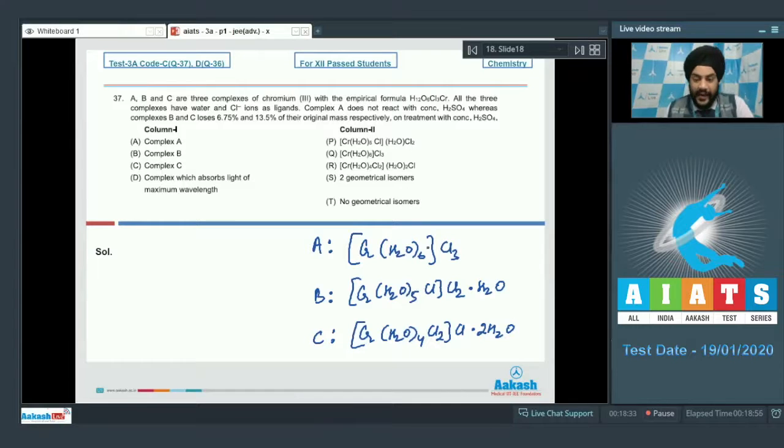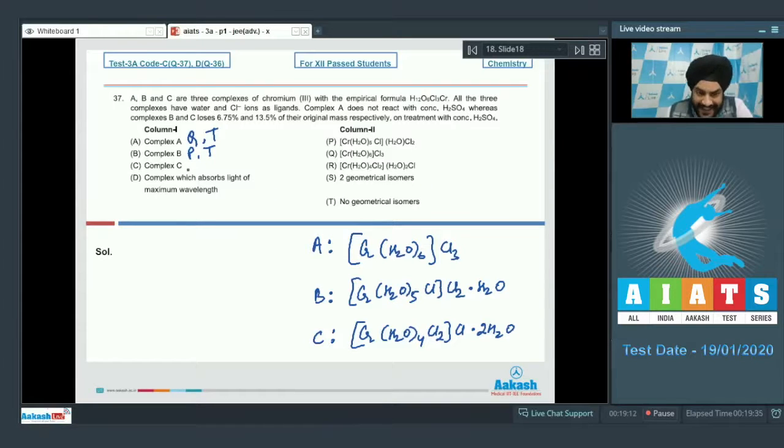Okay, so these are the three complexes which are mentioned to us, students. If we talk about complex A, it has to be matched with Q. And if we talk about the number of geometrical isomers, complex A is not going to have any geometrical isomers, so it has to be matched with T as well. If we talk about complex B now, the 5 water molecules are inside the coordination sphere, so it has to be matched with P. And this compound as well does not have any geometrical isomers, so it has to be matched with T as well.